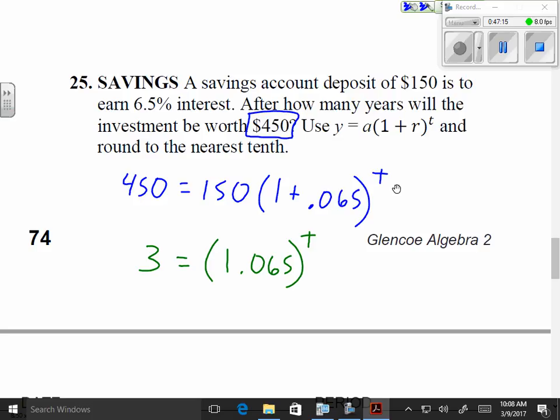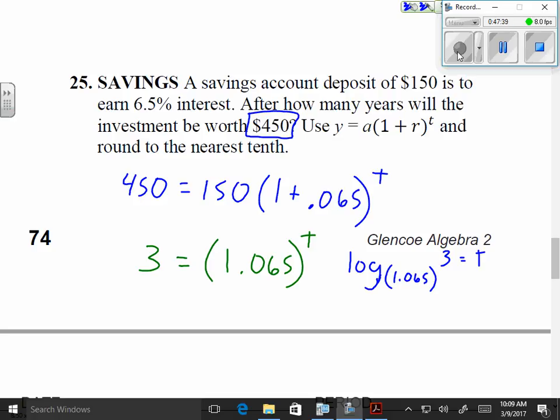Okay, so I have a log of base 1.065 of 3 equal to t.